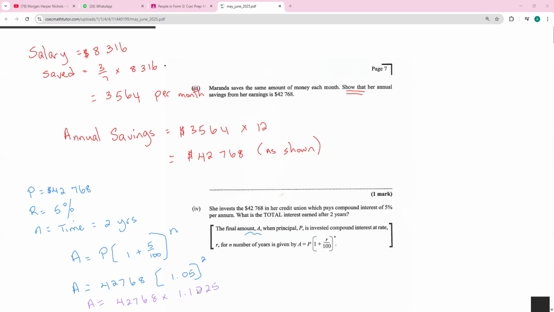Then I'm going to multiply it by the 42,768, and the amount is going to be $47,151.72.